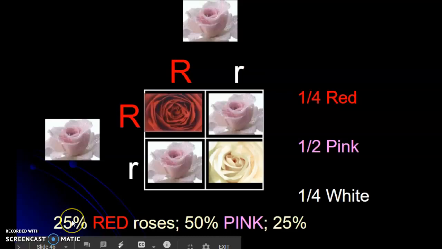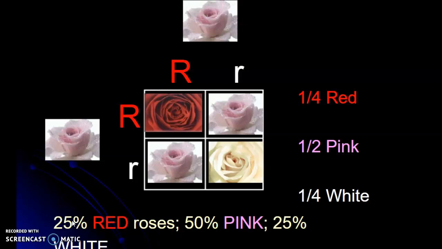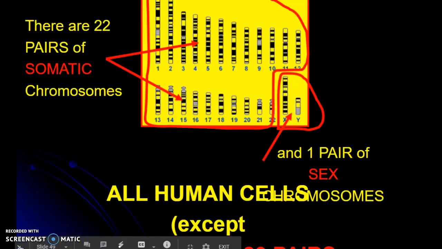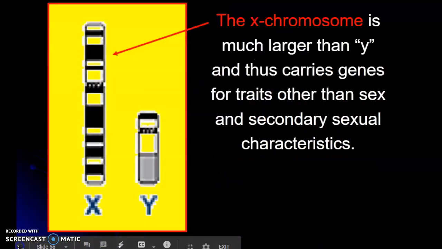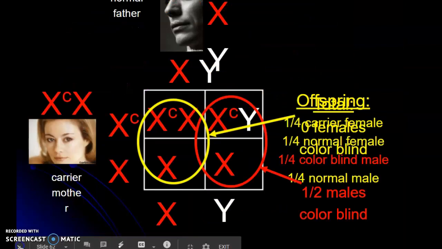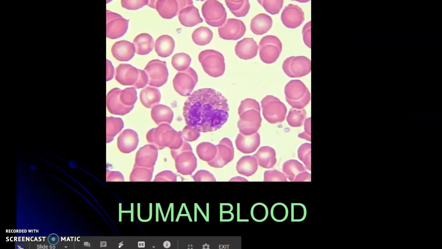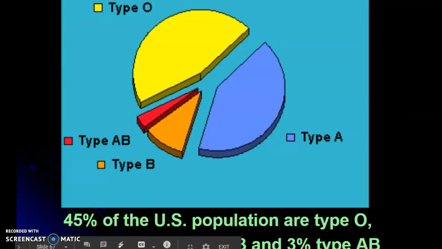All right, now codominance, there are certain traits that are codominance. The best one is blood typing. Codominance means you see both genes.